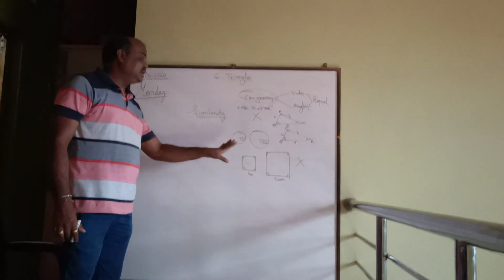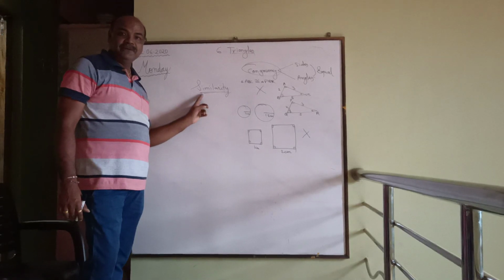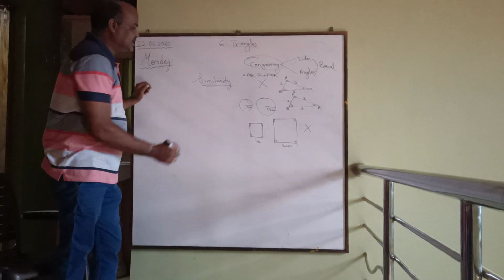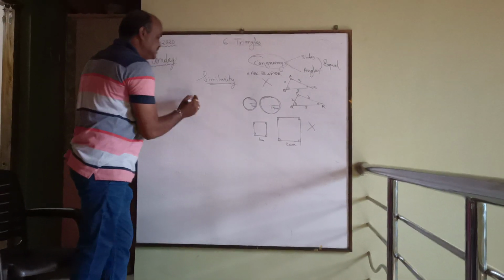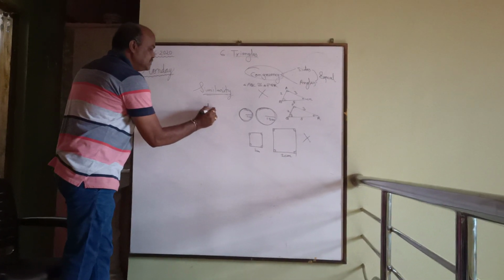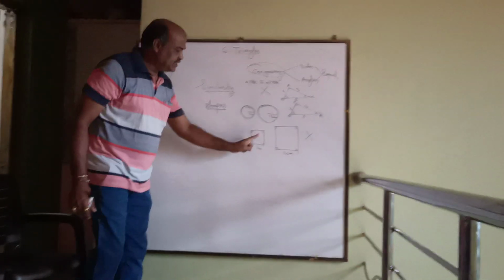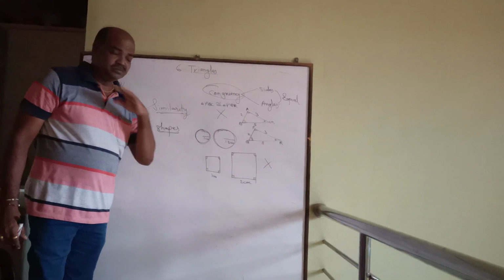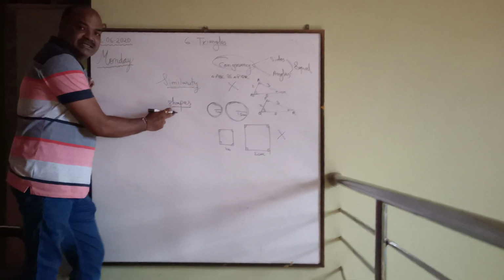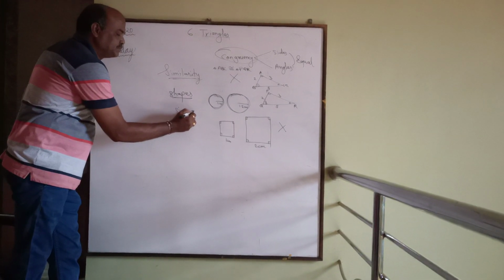But at the same time, if we deal with the term similarity, then we come to know that their shapes are same. For the circles, you can see that their shapes are same. Here also, for the squares, the shapes are same, although their sizes are not same.